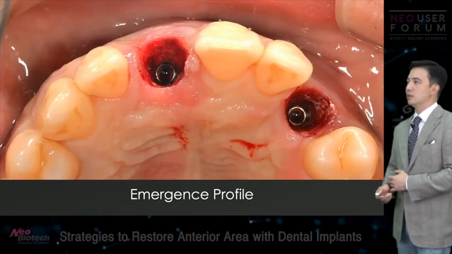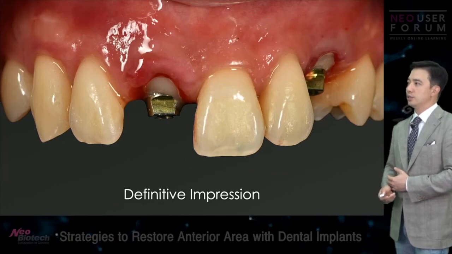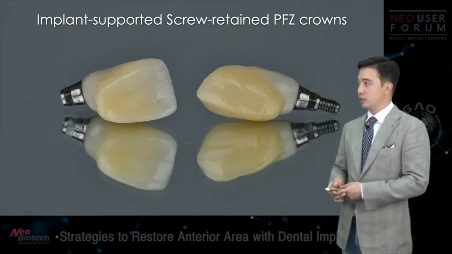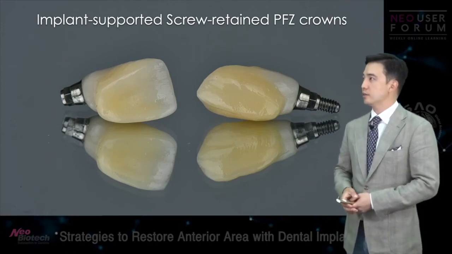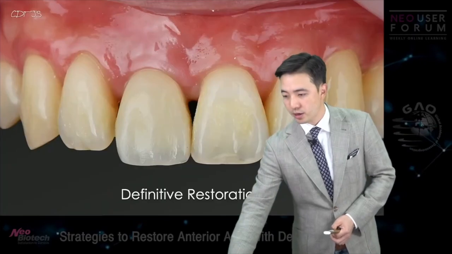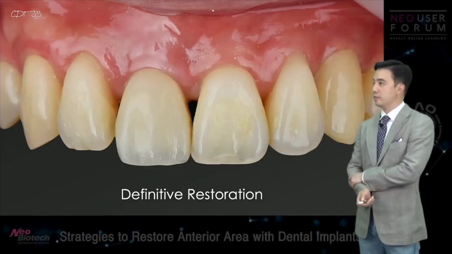So this is how I created the emergence profile and made the impression. Okay, we're back at the case. For this particular case, implant supported screw retained PFZ crowns were fabricated and delivered, right? Not bad, huh?